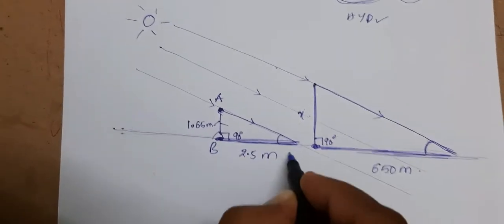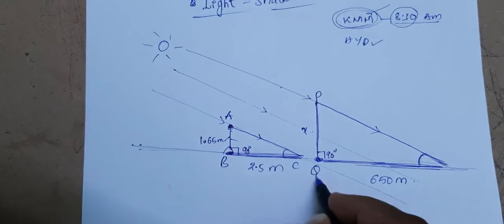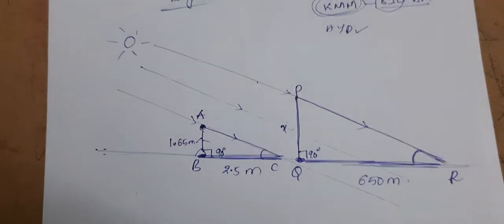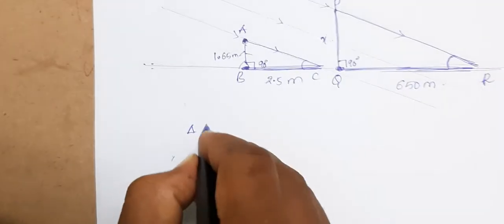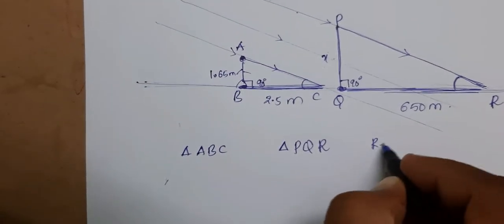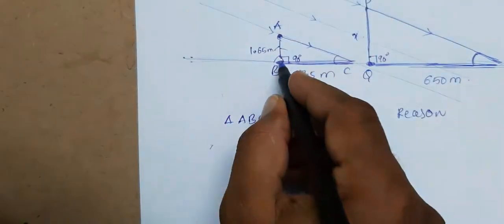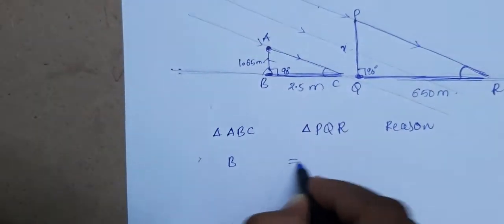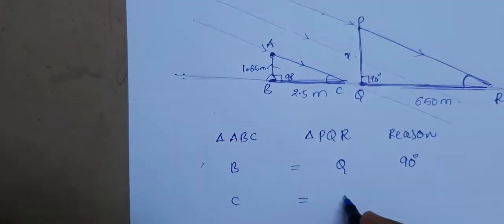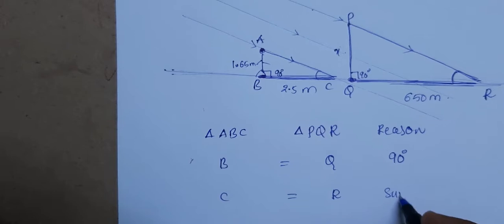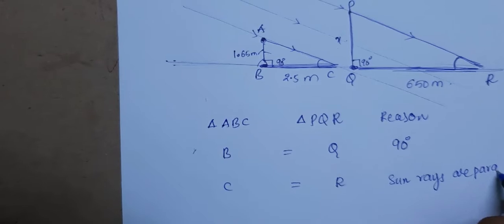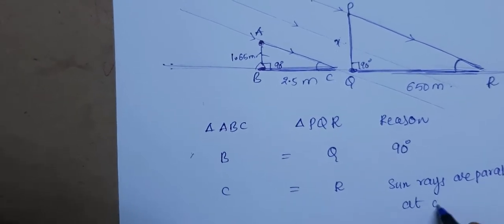A, B, C, P, Q, and R. Now, triangle ABC, triangle PQR, reason. Now, say angle B equals angle Q. Reason is 90 degrees. And angle C equals angle R. Reason, sun rays are parallel at any instance.